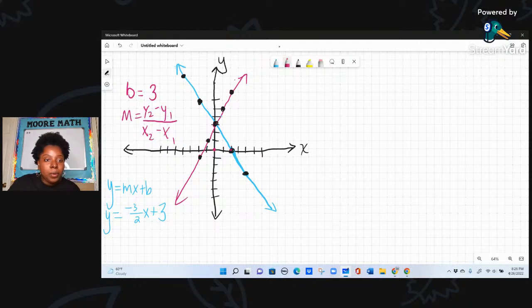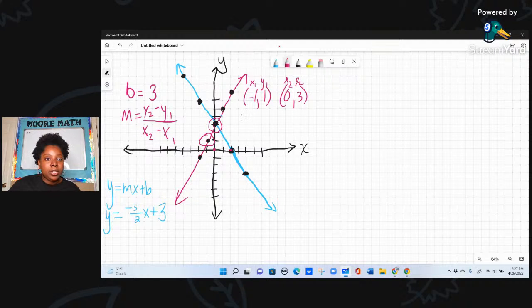Okay. -1, 1. Good. Right here. And you had 0, 3. Yep. So we have -1, 1, and 0, 3. Here's your x1, here's x2, here's y1, and here's the second y. Again, it's y2 minus y1.